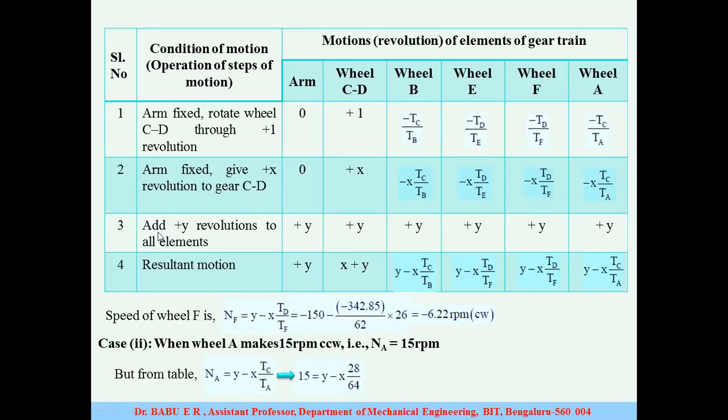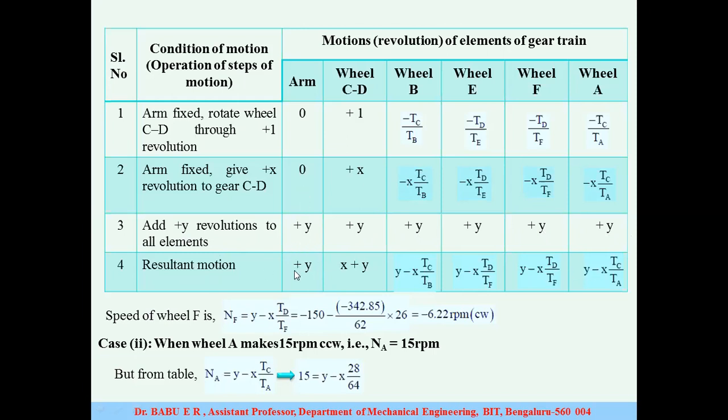Again in the third row, add +Y revolution to all the elements. In order to take account of the RM revolution, we have to add +Y revolutions to all the members. +Y, +Y, +Y, +Y, +Y, and +Y. So the last step is resultant motion. Add the second and third row and write down over here.